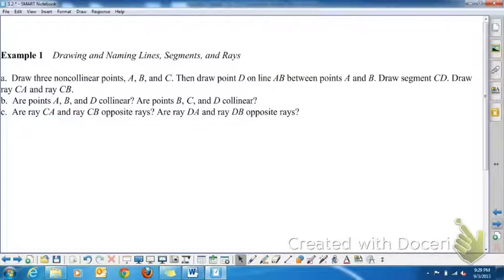Let's do this example together. Draw three non-collinear points, A, B, and C, meaning not together on the same line. Every 2 points have a straight line between them. The third point would be non-collinear.